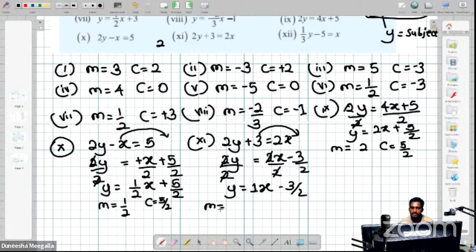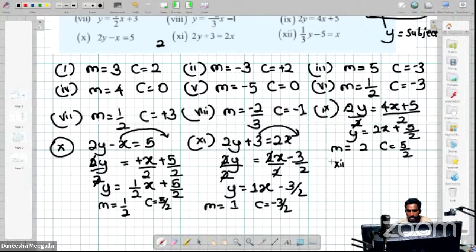M is 1. Then the intercept C is minus 3 over 2. Yes, minus 3 over 2.